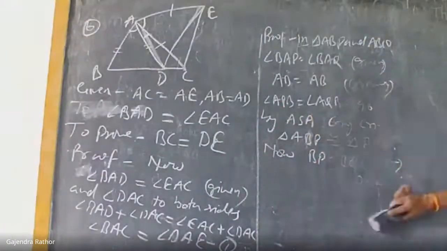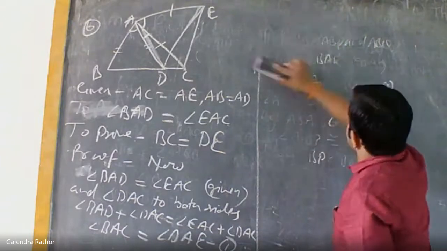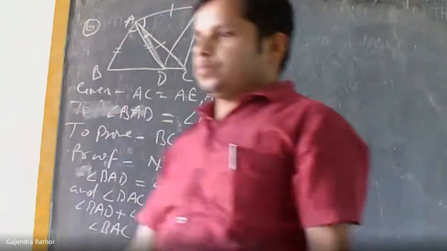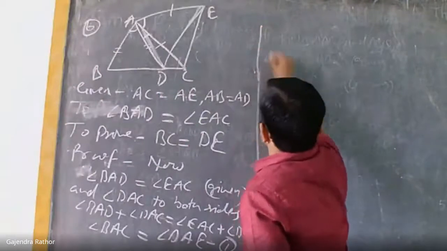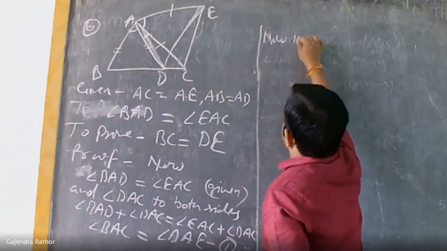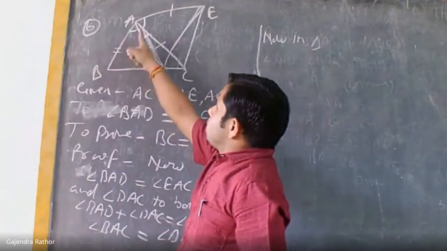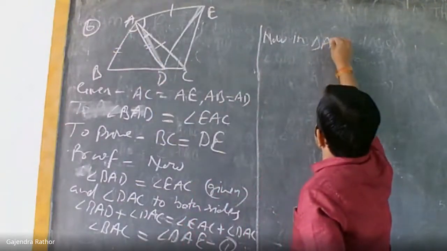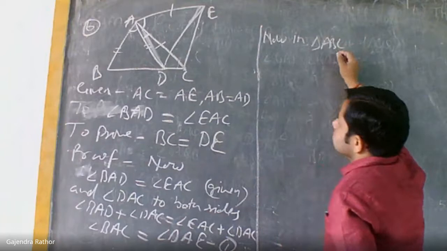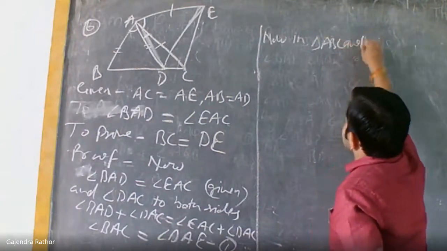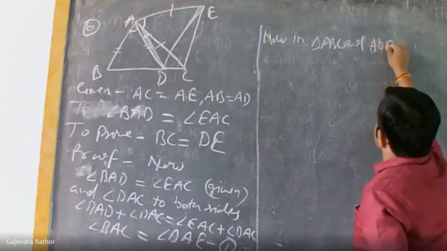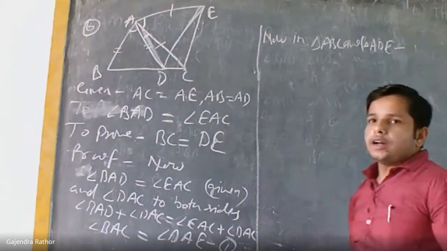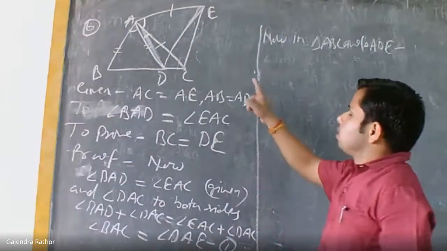Let's continue. Now, in triangle ABC and the second triangle ADE, find out the parts which are equal.